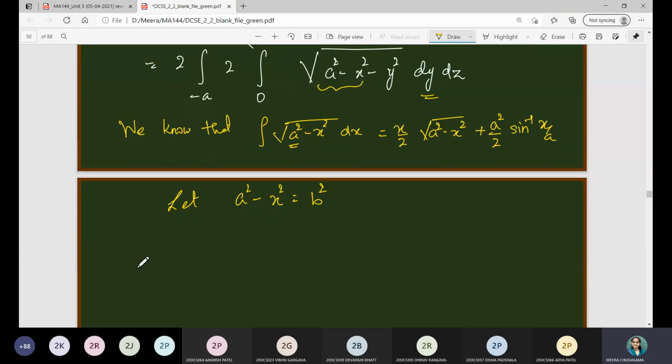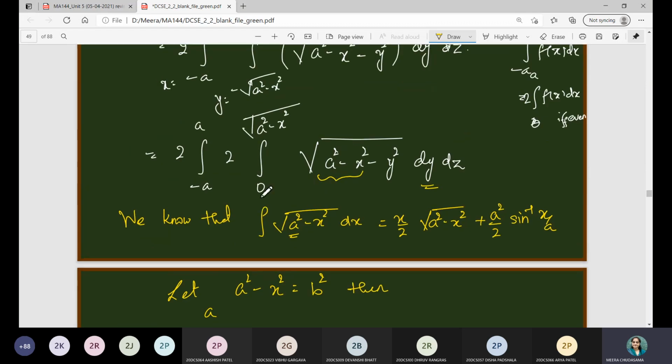In that case, V is equal to, the left-hand side we started with V, so 2 into 2, 4 I can take outside, 0 to a. Then the integrand limits will change: when y is equal to 0, a square minus x square becomes b square, so the limits are 0 to square root of b square, meaning 0 to b only.